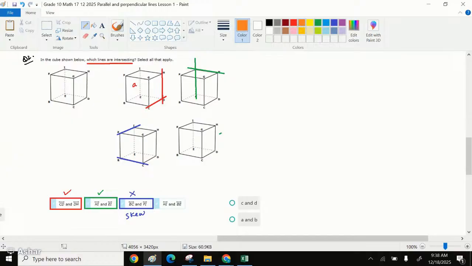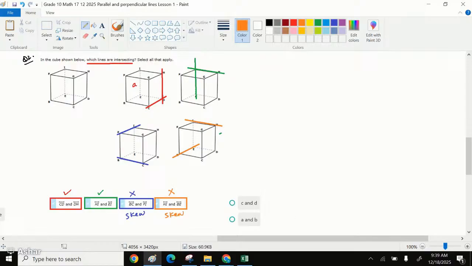And the last option would be HI and BE. Let's look at HI. This is H and I. And where is BE? BE is here. So they are also not intersecting, they are skew.